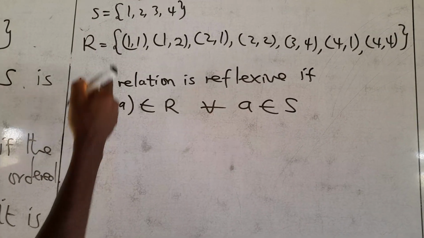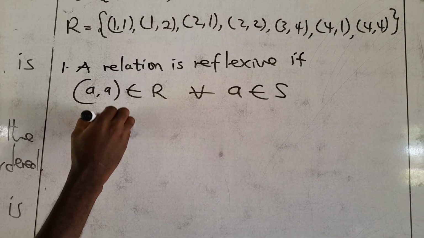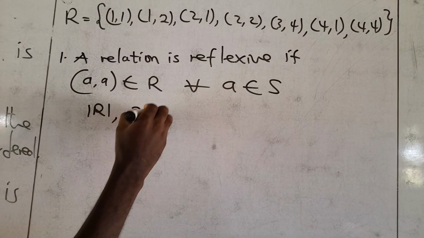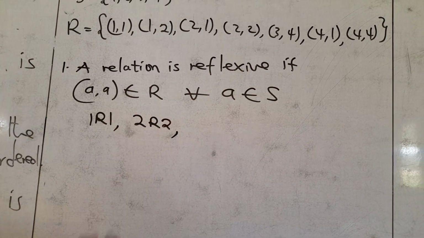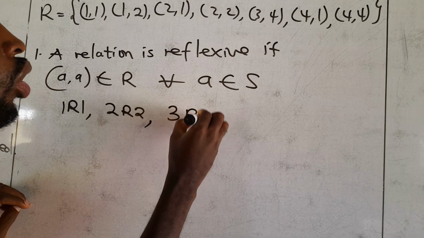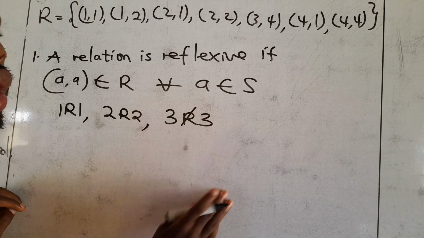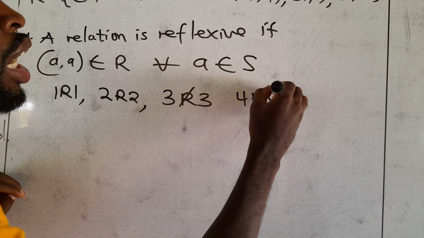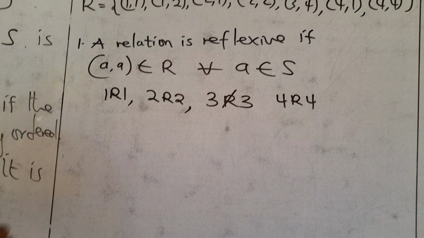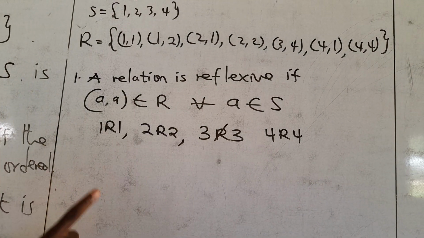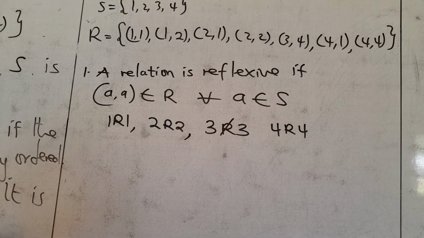So we find out whether we have (1, 1). Yes, 1 relates 1. Do we have (2, 2)? Yes, 2 relates 2. Do we have (3, 3)? No, so 3 does not relate 3. Do we have (4, 4)? Yes, so 4 relates 4. However, because 3 elements relate themselves but 1 does not, it disqualifies the relation for being reflexive.